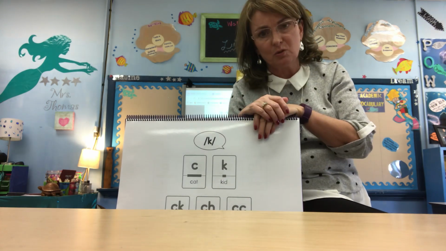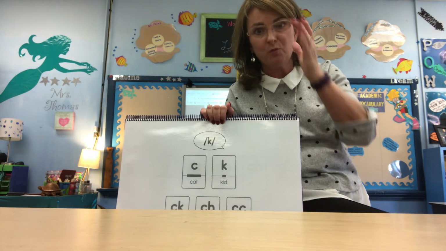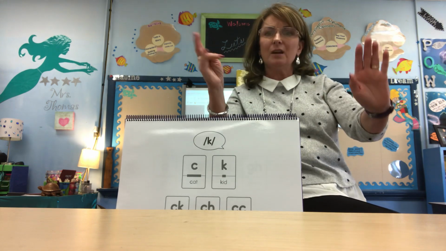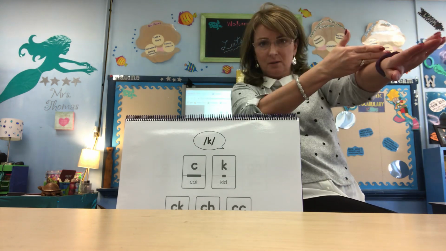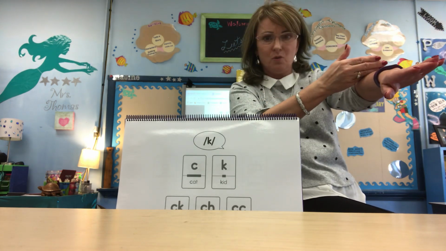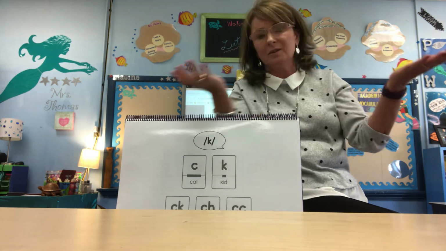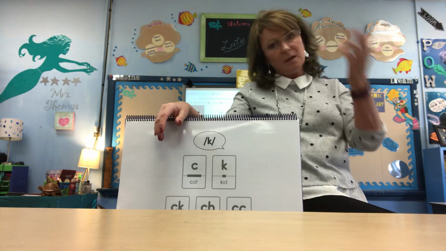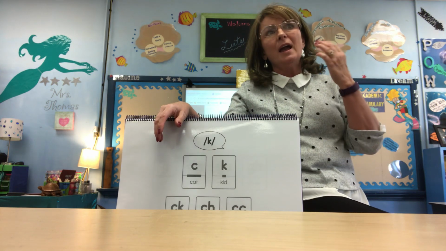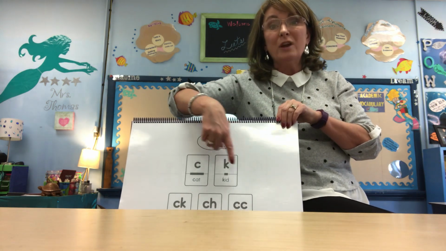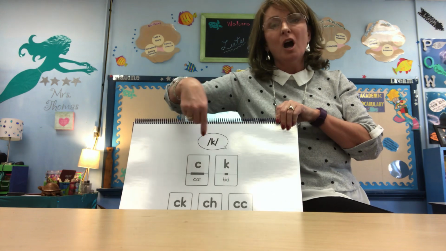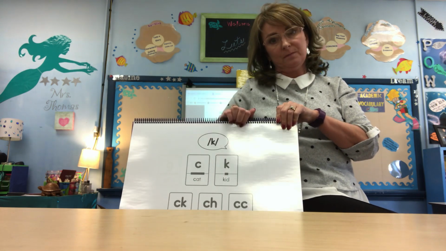I will not display those on the board. But let me give you an example of what Friday's test will look like. Instead of standing up here going K, at, and sounding out all the sounds in the word, I'm going to give them the word cat on the board, and they will have to determine which spelling of K it would go under.